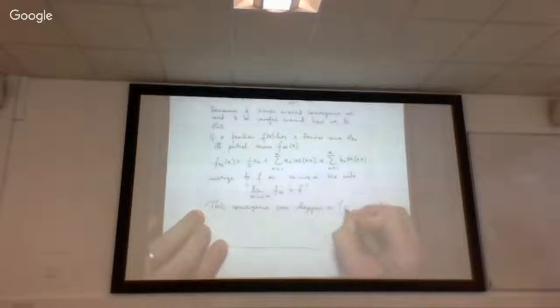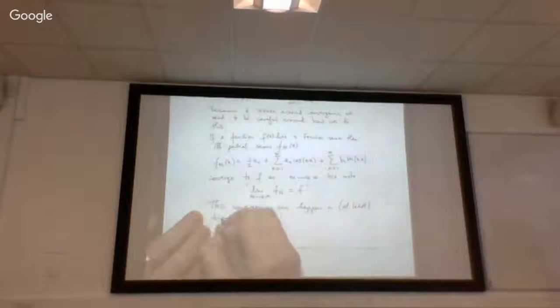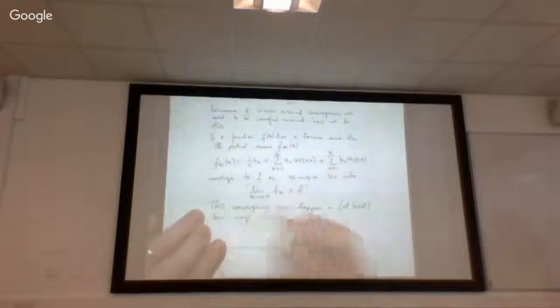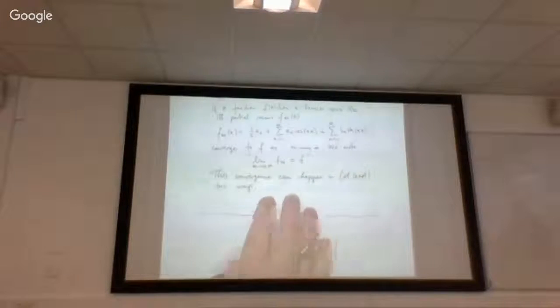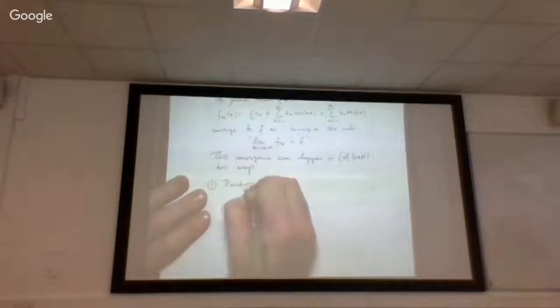This convergence can happen in at least two ways. So speaking just generally about sequences of functions, the first way is pointwise convergence.